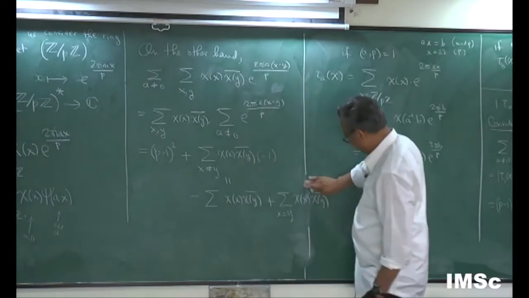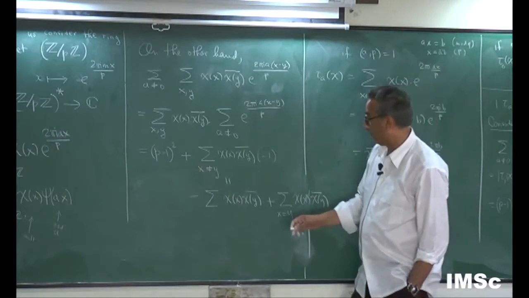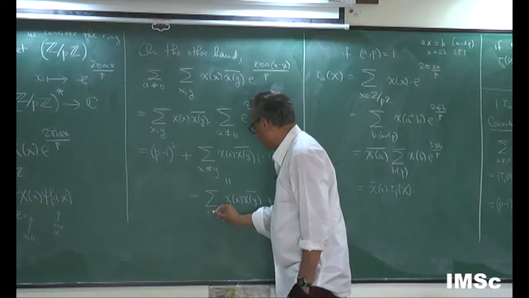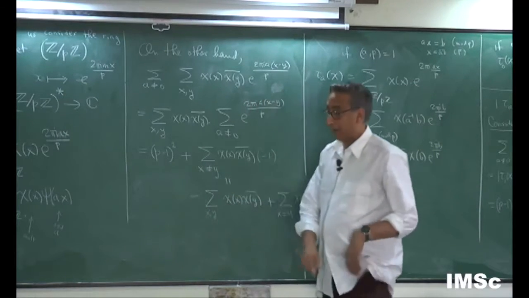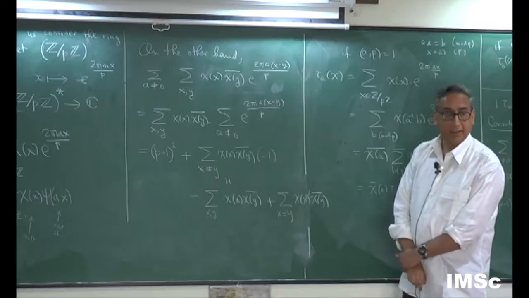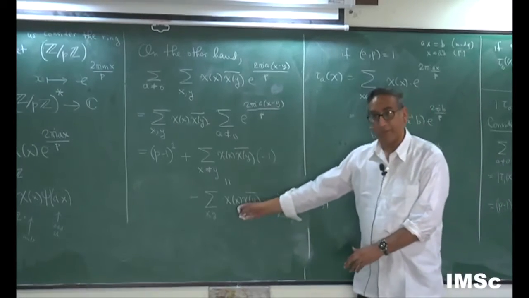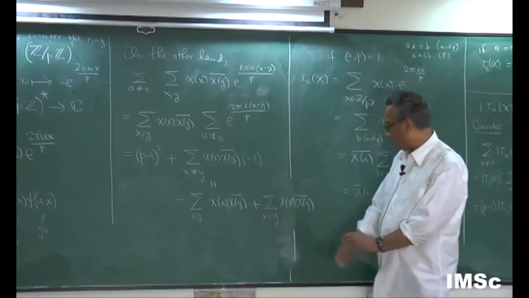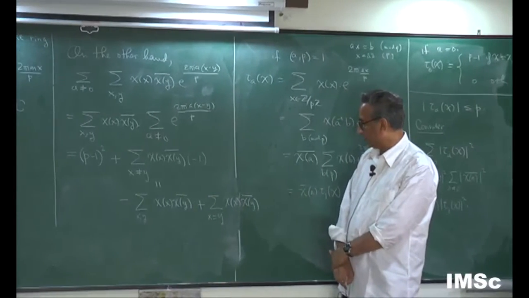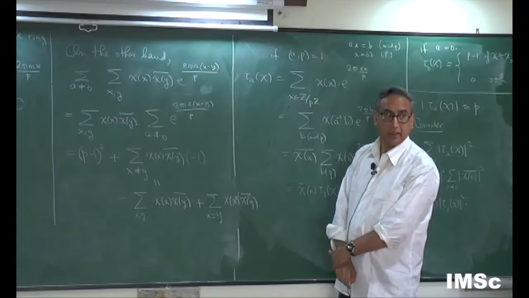Is that fair enough? So all I've done is I have removed the condition x not equal to y by doing this silly trick of putting everybody in and removing that thing out.